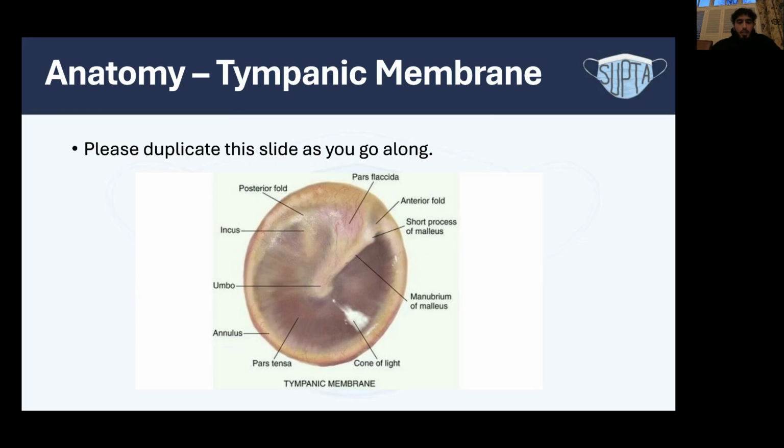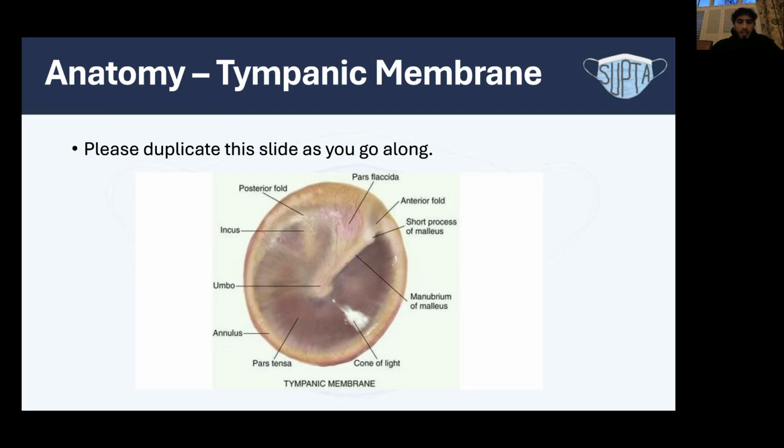So if we have otalgia, it's not necessarily just to do with the ear, it could be the TMJ or any other cause, for example. The glossopharyngeal nerve, again, there are other reasons why we can get ear pain due to it, but we'll get onto that a bit later.